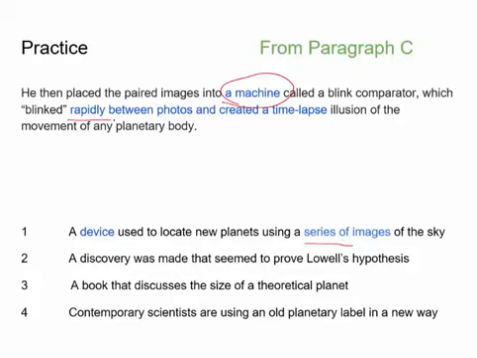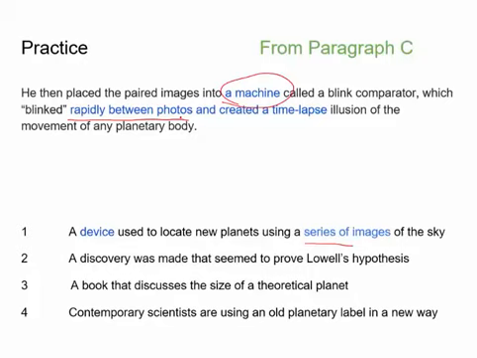It rapidly took photos and created a time lapse. A time lapse is a series of photos that show the passage of time and how something changes over time. So that's where we get this idea of a series of images being paraphrased here.